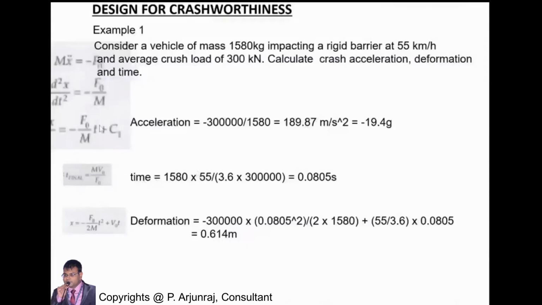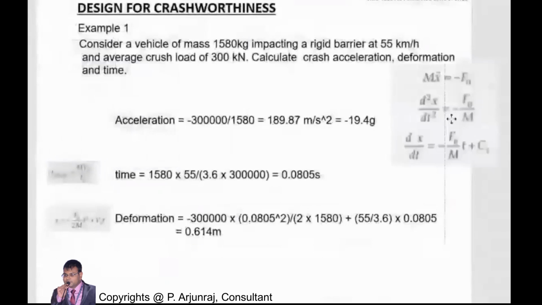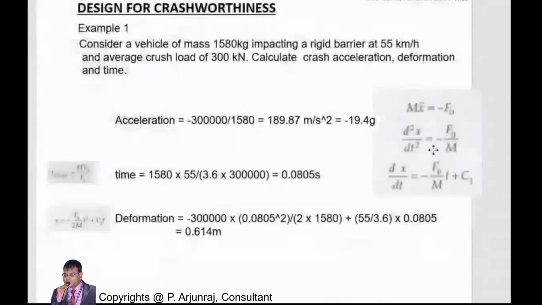Okay, and let us see here. In the previous slide, we have seen the formulas, right? So d squared x by dt square, which is nothing but acceleration, defined as the ratio of force by mass, and it should be negative.